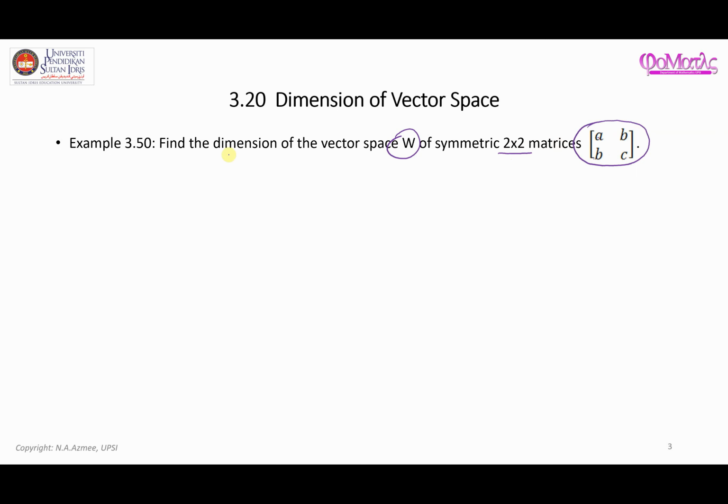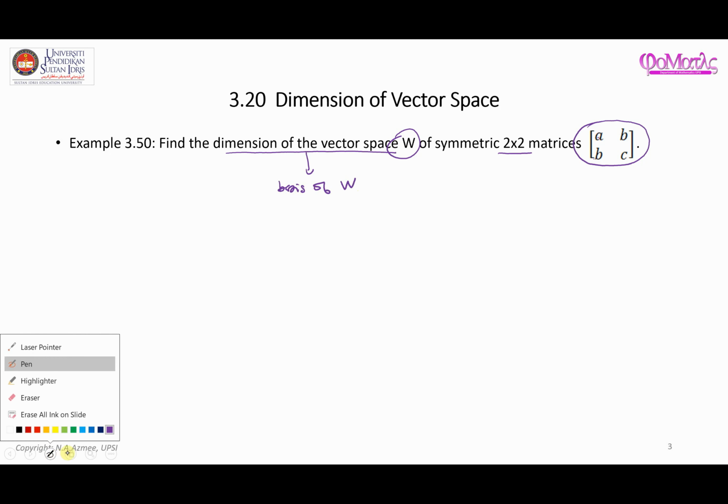Now to find the dimension of the vector space, we first need to find the basis. So you need to be able to come up with a basis of W. That's our starting point. And recall that in order for a set to be a basis, there are two conditions that you have to fulfill.